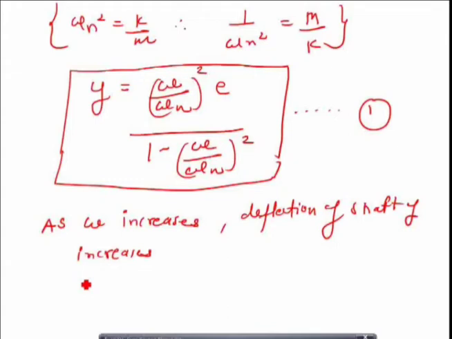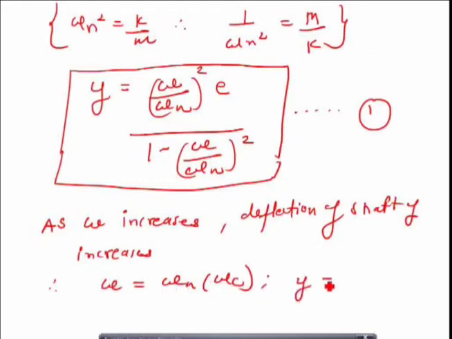So the deflection of the shaft will increase. Now a time will come, let us say that this omega is equal to omega n. Means what? The resonance will occur when the speed omega equals omega n. The speed at which resonance occurs is called the critical speed. So this omega is obviously equal to omega c or omega n.